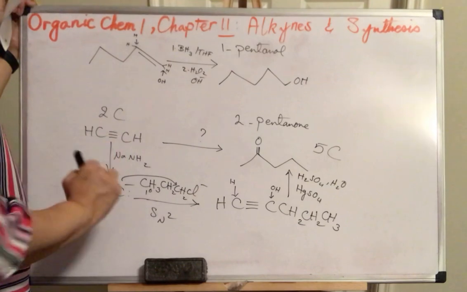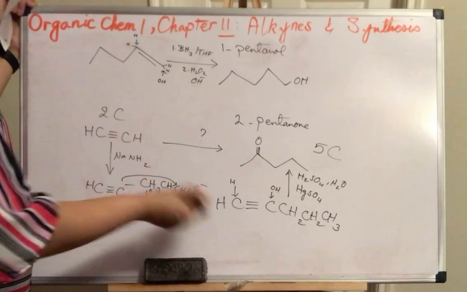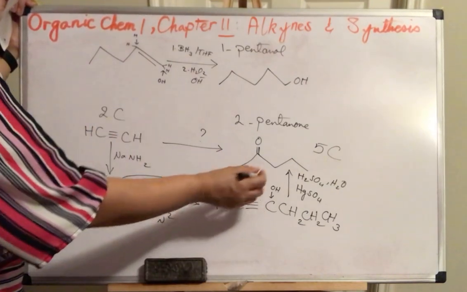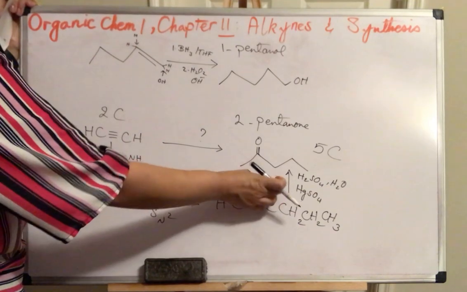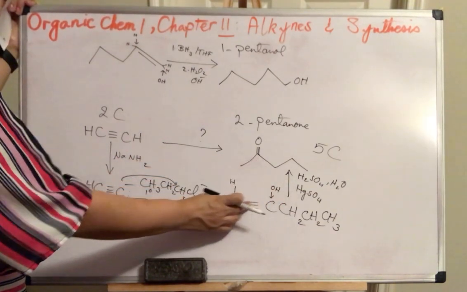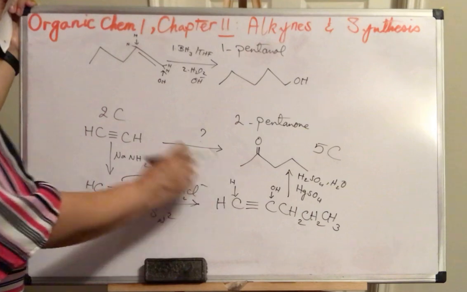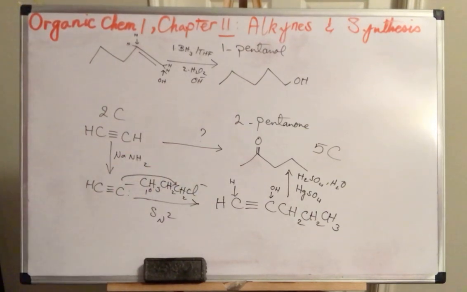Hydrogen gets the, you see it's on the hydrogen-rich carbon, OH here. Then with the tautomerization, the carbon-oxygen double bond forms here, the double bond disappears, and you will have the CH3 there. Okay, so that's how you approach the synthesis questions.